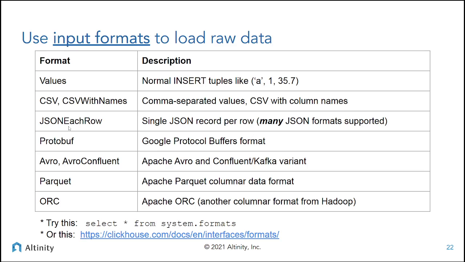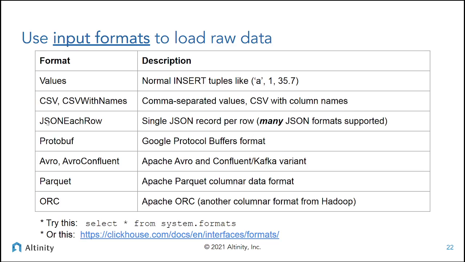So what we in fact do is use input formats that allow us to load data in their raw forms. For example, Values is an example of an input format, but it says, hey, I'm going to look past the end of this and you'll see tuples on the command. But we can load CSV directly, for example, just raw CSV or CSV with column names.